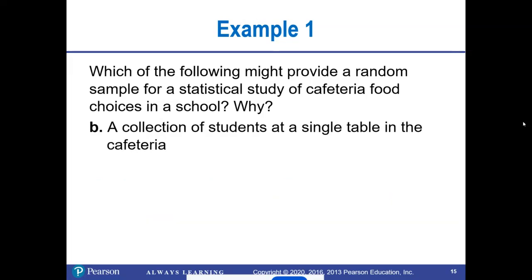In situation B, let's say our sample is a collection of students at a single table in the cafeteria. Would that be a good random sample for a statistical study of cafeteria food choices?